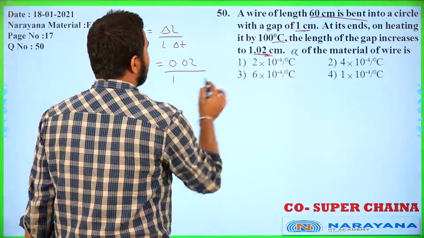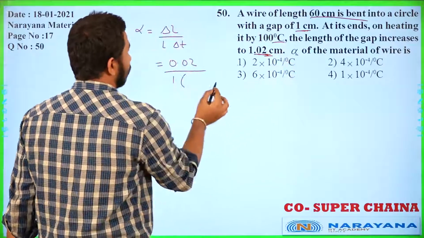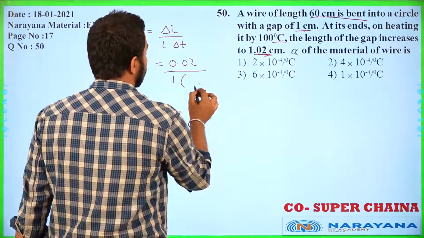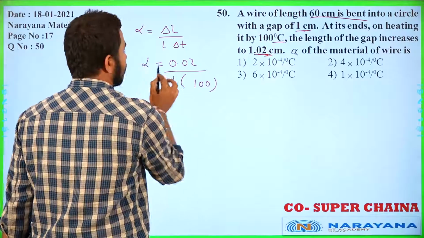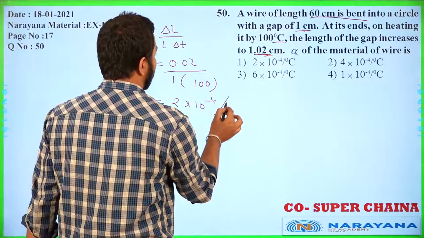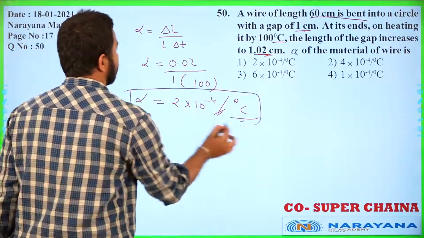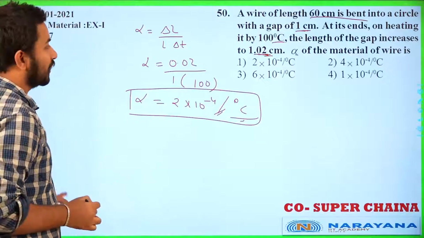L you know, and delta T you know, it will be a change of 100 degree. So if you simplify this, we are getting 2 into 10 to power minus 4 per degree Celsius. That will be my alpha for the question, right? So let's move to the next one now.